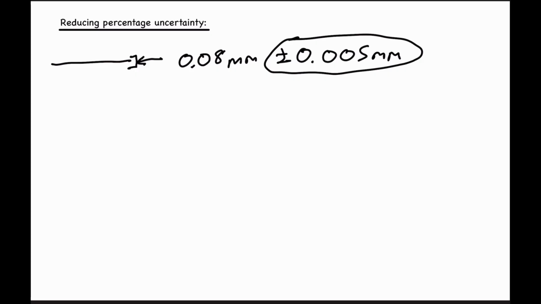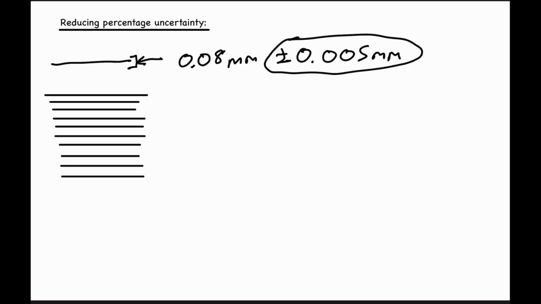So how would we make this mean bigger? One way of doing it, instead of measuring just one piece of paper, is to measure 10 similar pieces of paper. If you assume that these are identical, and you're measuring the average thickness of a piece of paper in general, you measure all of the pieces of paper and could get a mean measurement which looks more like 0.8, which is a lot bigger than 0.08 millimeters.